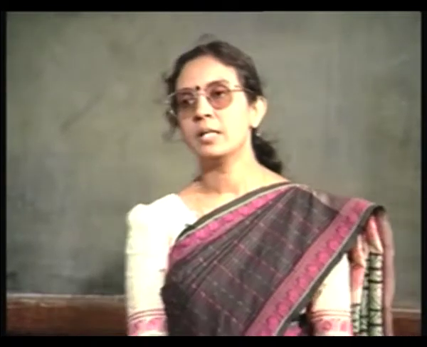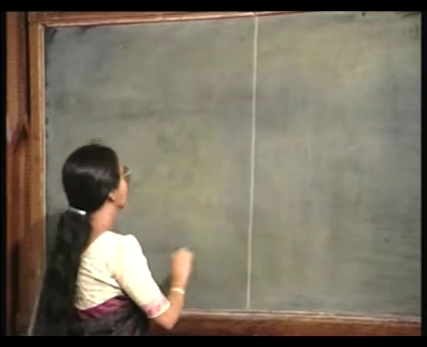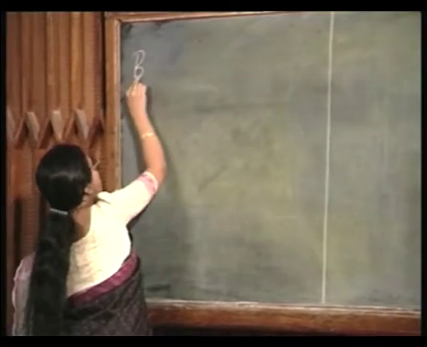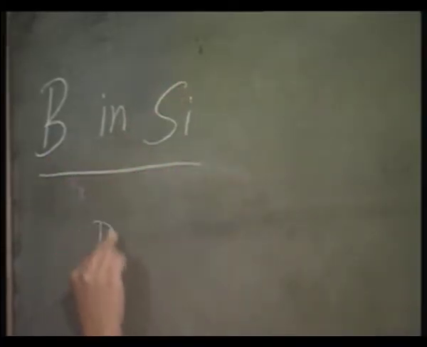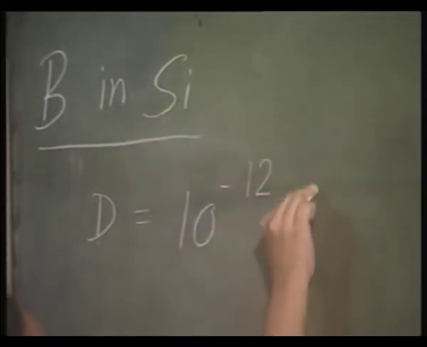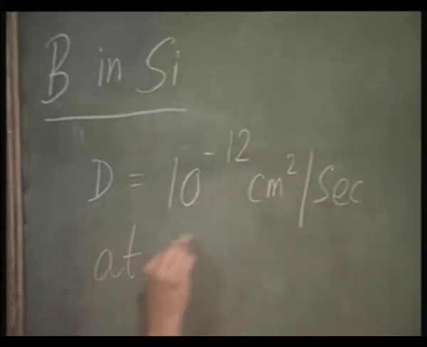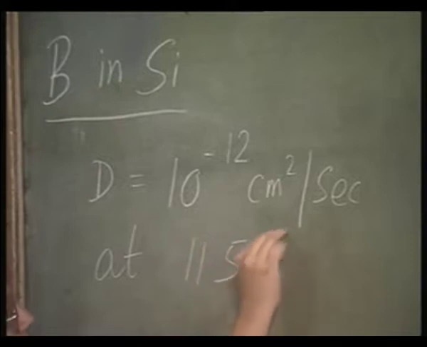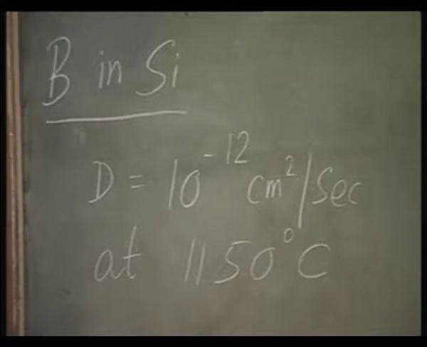So, at 1150 degree centigrade, the diffusion coefficient of boron is about 10 power minus 12 centimeter square per second.